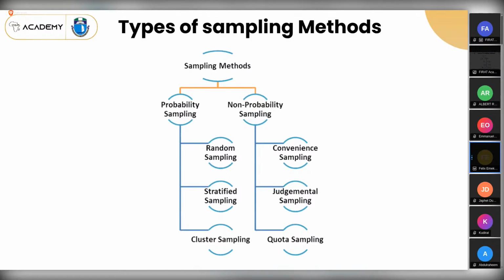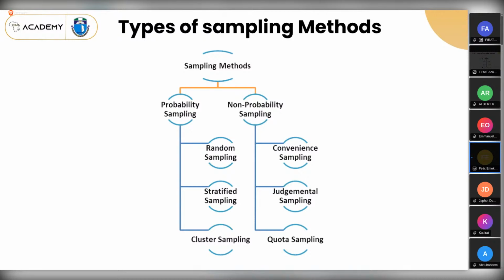Of course, there are some instances where you may not be able to do probability sampling. You may have to do the non-probability sampling, but probability sampling is usually the gold standard because the probability for sampling error is minimal compared to the non-probability sampling.